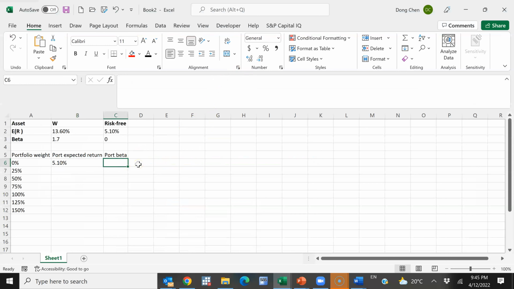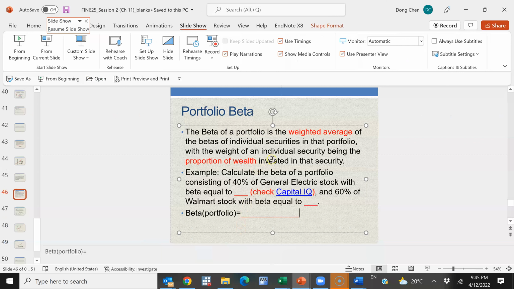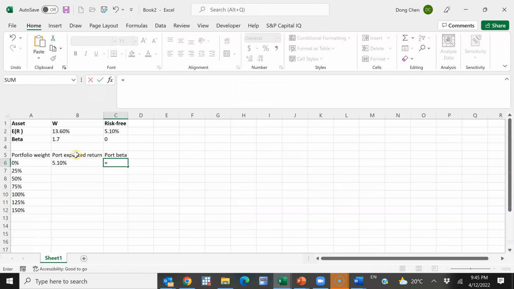And portfolio beta, similarly, if you look at my lecture slides, portfolio beta is also a weighted average of the betas of individual securities in that portfolio. And the weights here are the same as the weights when we calculate expected return of a portfolio.